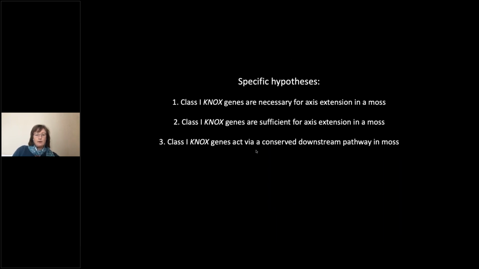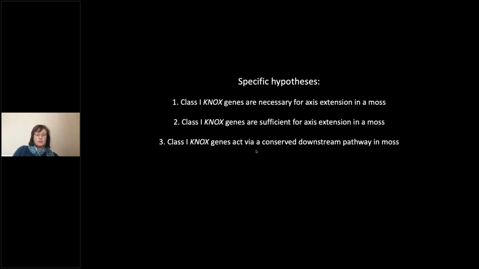To start to look at how indeterminacy originated, we're using a moss model system, which is Physcomitrium. There are a couple of KNOX gene classes in all land plants, and the ones that regulate indeterminacy in Arabidopsis belong to class 1. There were 3 specific hypotheses that we wanted to test in relation to class 1 KNOX function.